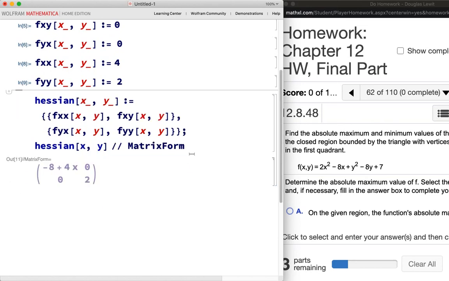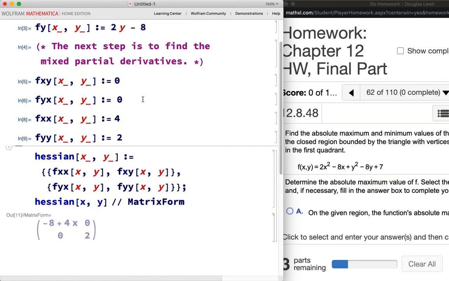Okay, the Hessian matrix contains the second order partial derivatives. Sorry about that. Not the first order partial derivatives, the second order partial derivatives. I spent so much time talking about the mixed partials that I kind of ignored the regular second order partial derivatives.